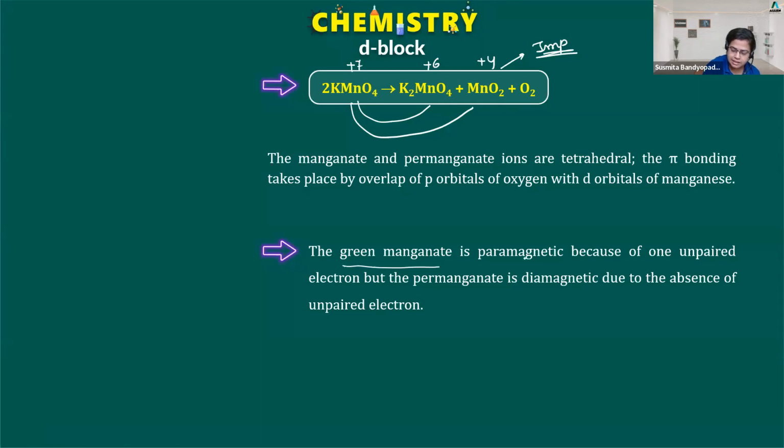Green color is due to manganate, because of the presence of an unpaired electron. But why should KMnO4 be colored then? It doesn't contain any unpaired electron. K2MnO4 we can understand: paramagnetic, there's an unpaired electron, green in color, everything I can understand.